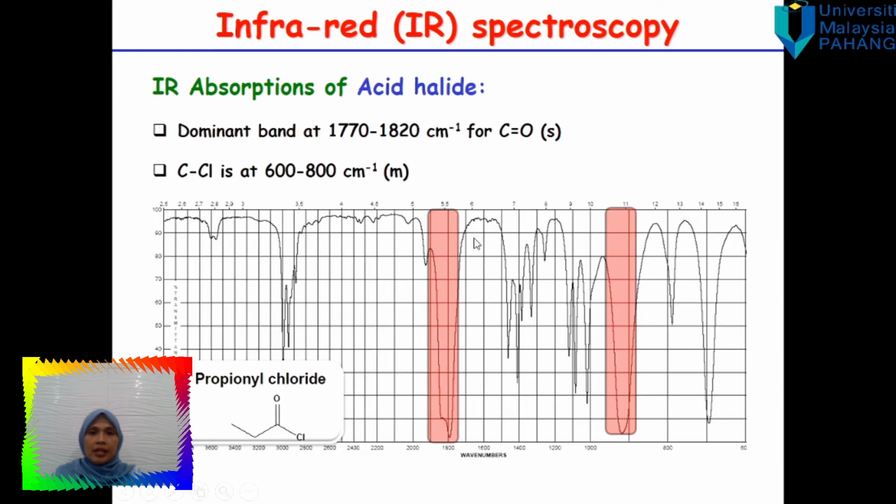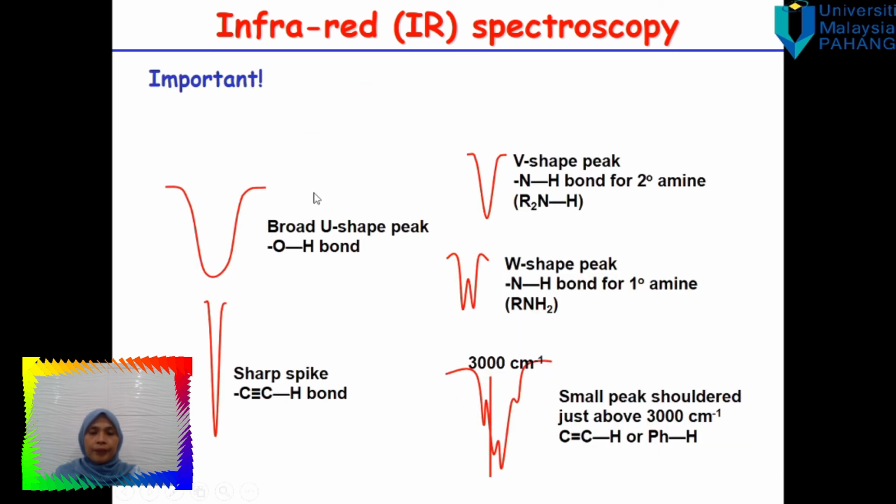This is acid anhydride. This is acid halide, with a dominant band C=O at 1770 to 1820 and C-Cl in the fingerprint region, 600 to 800. So the shape of the band is important. If you see a U shape like this one, it is specifically for OH. We know that the OH is present.